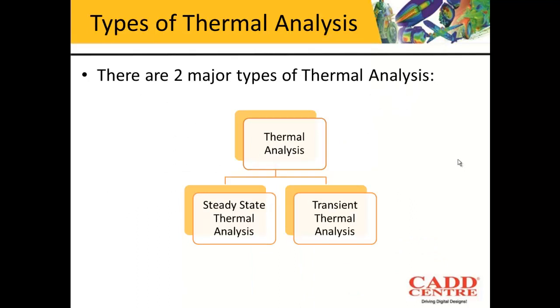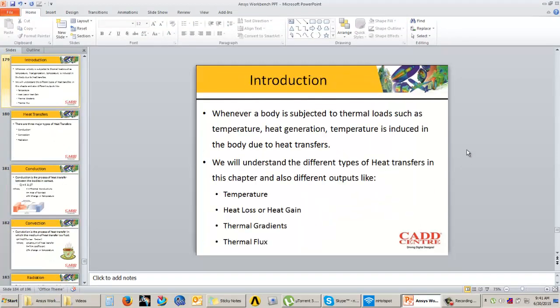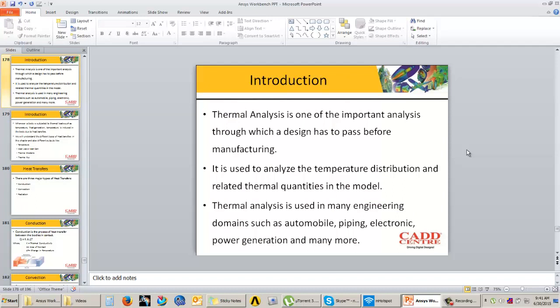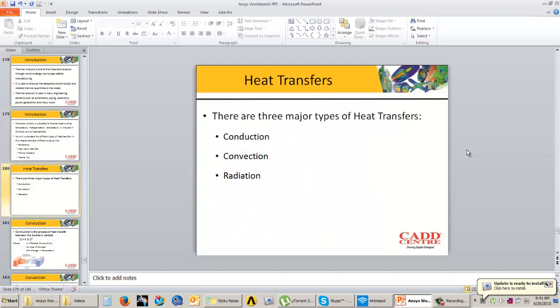So this is about thermal analysis. We have understood the basics of thermal analysis. What is thermal analysis? Why we are performing thermal analysis? What are the outputs that we can calculate when we are performing thermal analysis? And then we have spoken about the heat transfers.